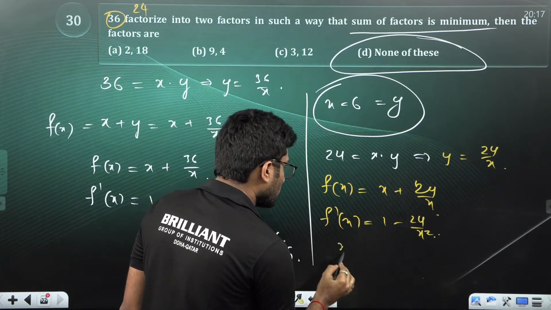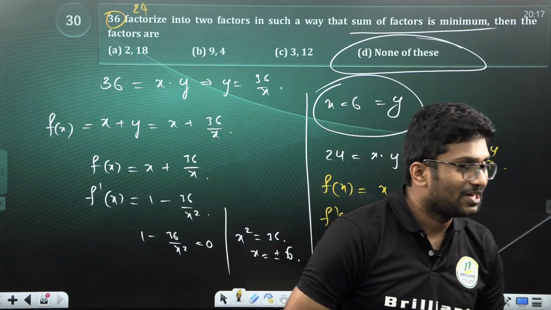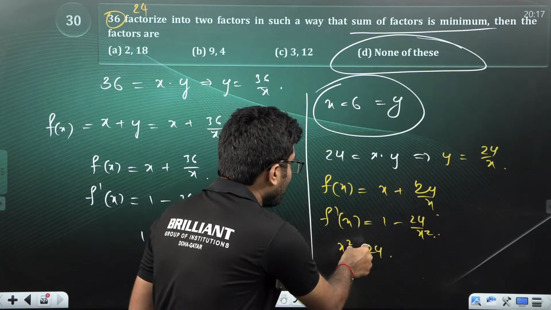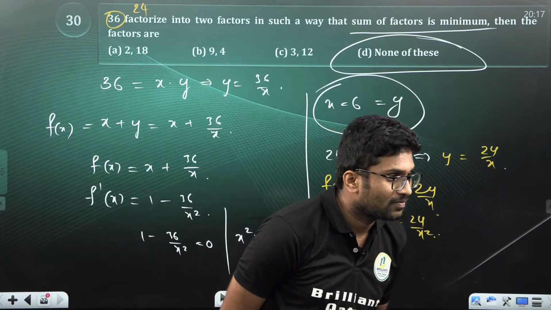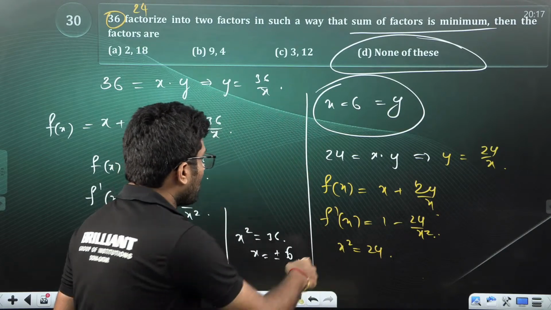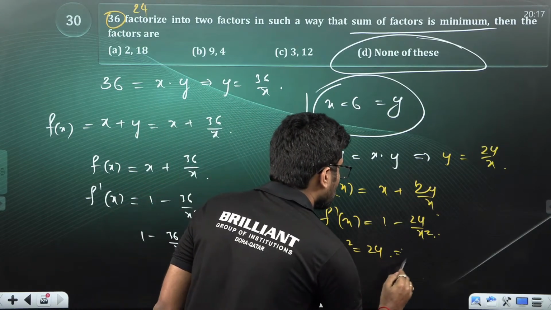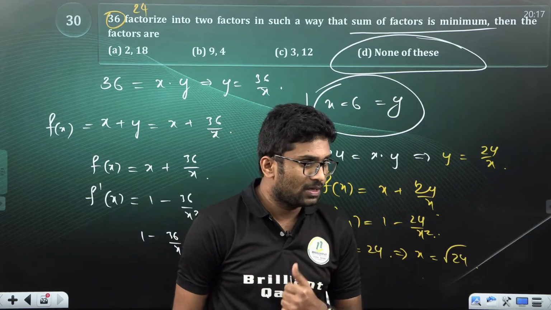Now equate x square equal to 24. Do we get any factors such that x square is equal to 24? Because x is equal to square root of 24. So we won't get a minimum for this.